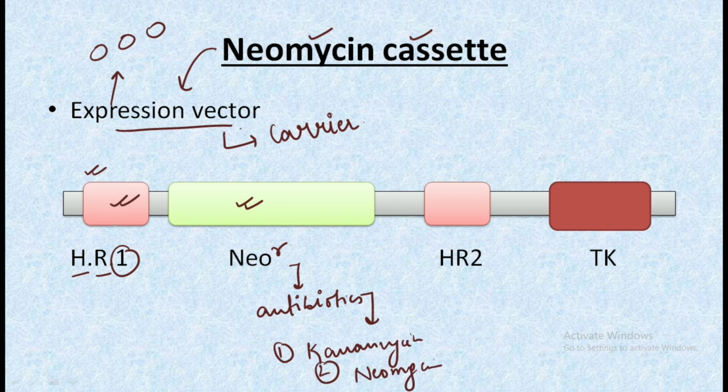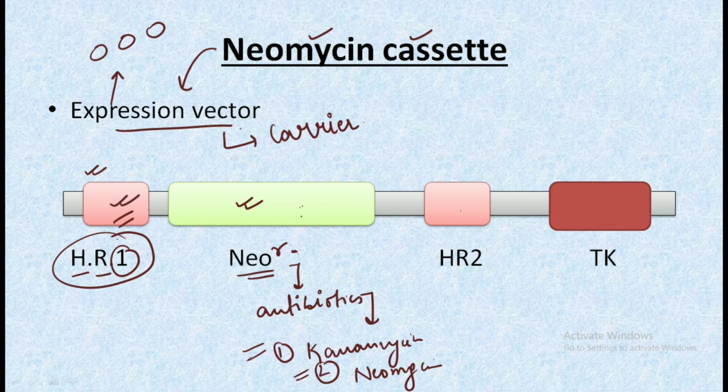So we have the first region as the homologous region 1, then we have a region for the neomycin resistance. This neomycin resistance region has resistance to two antibiotics. The first one is kanamycin and the second one is neomycin.